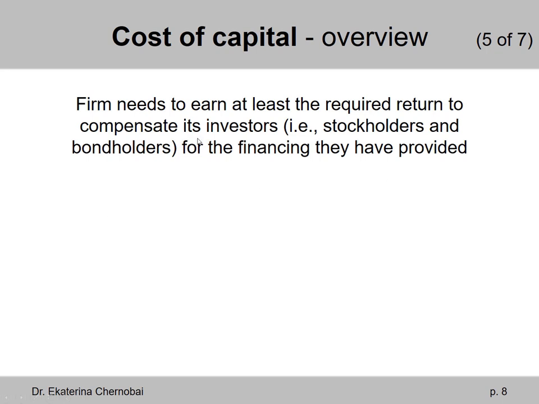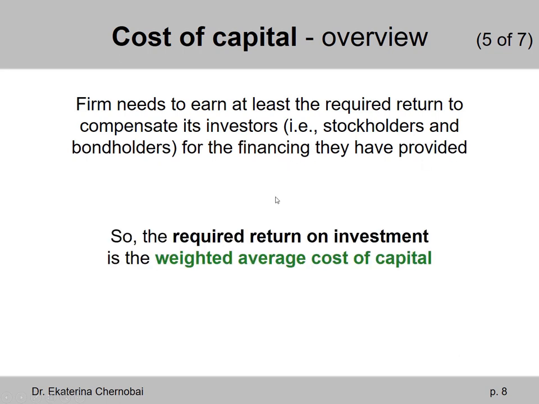So to summarize, a firm needs to earn at least the required return to compensate its investors, stockholders and bondholders, for the financing that they have provided to the firm. And so the required return on any investment project is the weighted average cost of capital.